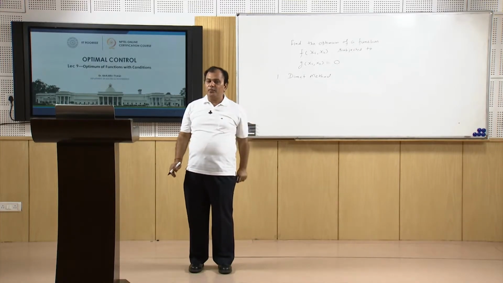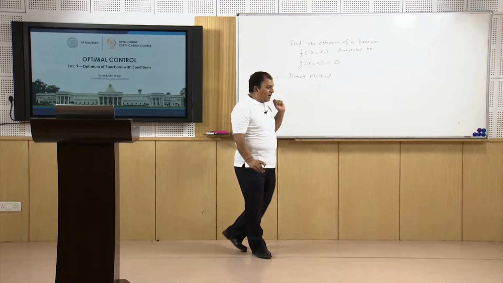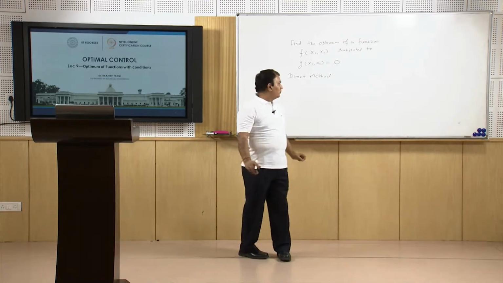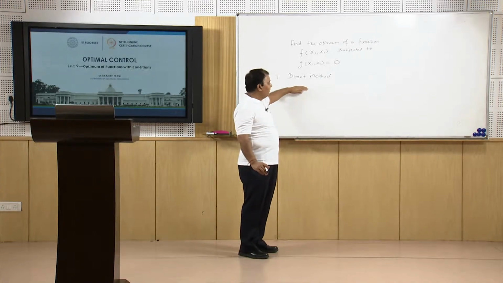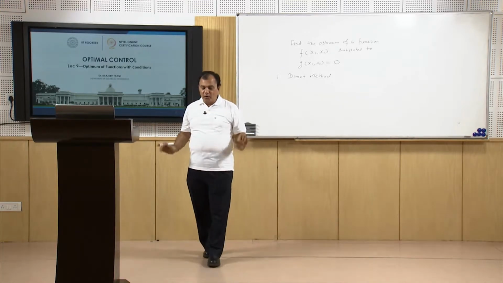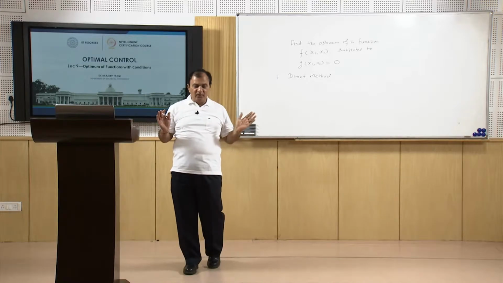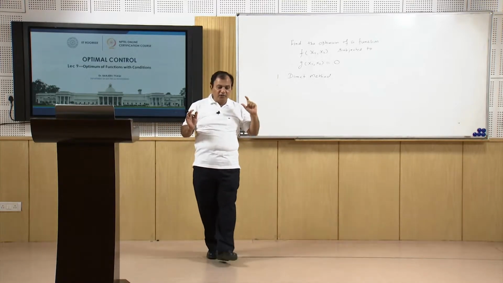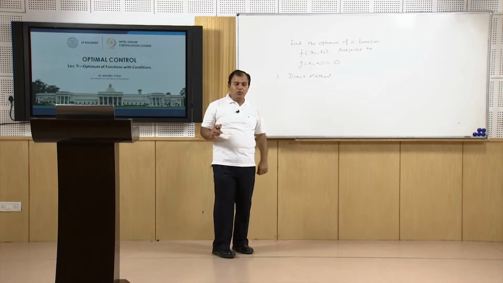So, what we have to do, if we have to find out the optimal value of a given function f which is dependent on a single variable, simply we will say del f by del x equals 0, or as we have discussed previously, the differential of the function must be equal to 0.